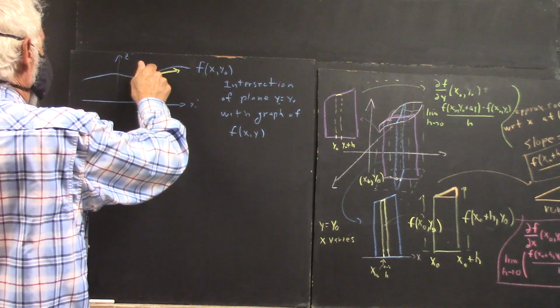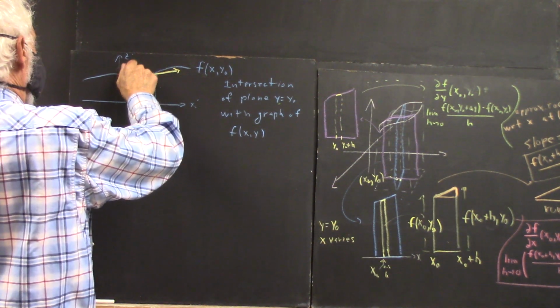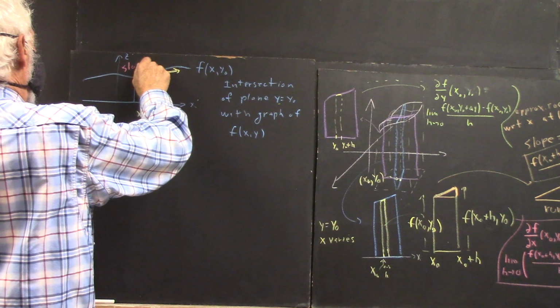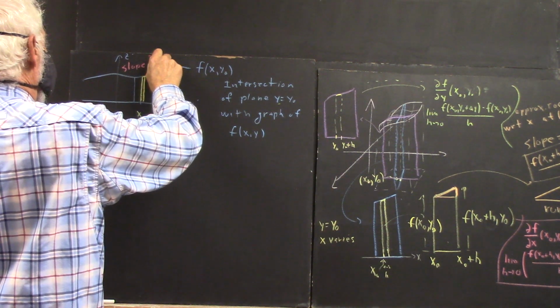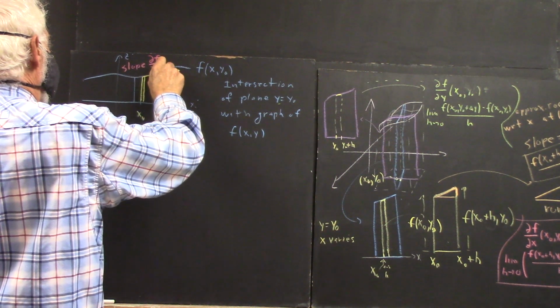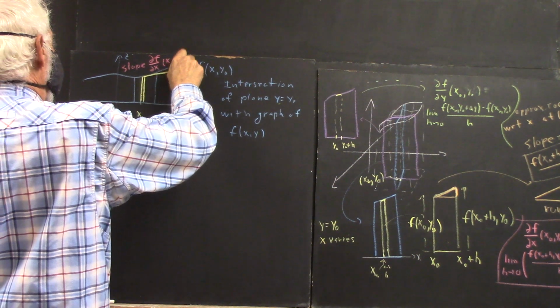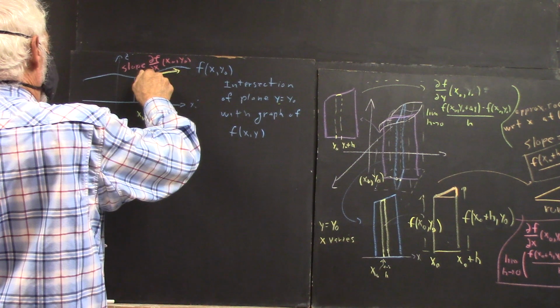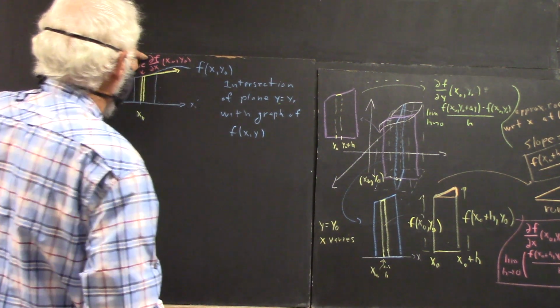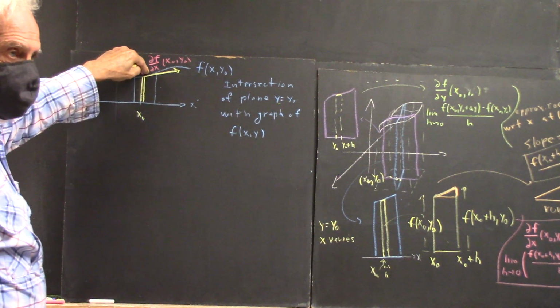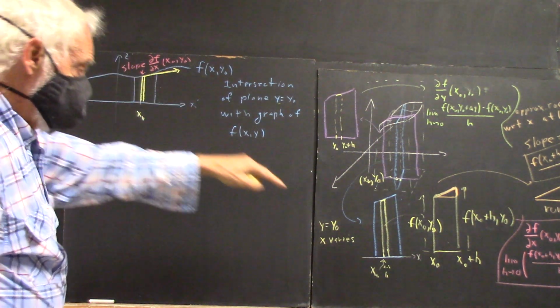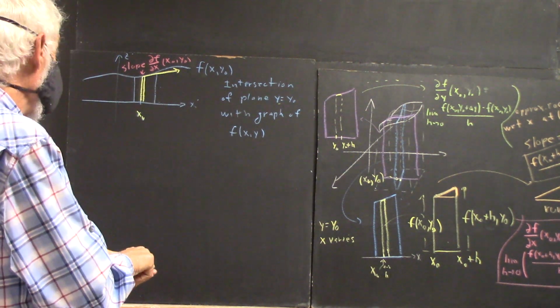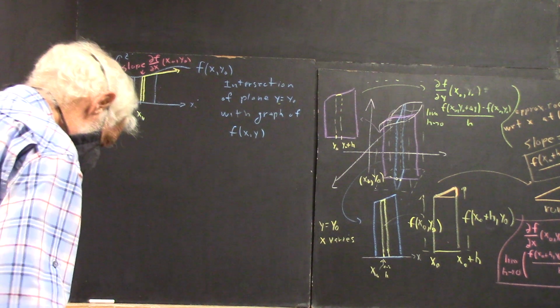The slope at this point, your slope is a partial derivative of f. Like we said here, and you want to digest all this, make sure you really understand.